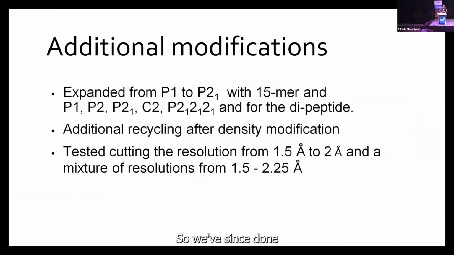We've since done some additional modifications. Instead of only considering P1, we've also expanded to P21, with the 15-mer structure. And just for testing purposes, since the dipeptide models are much faster to train, we can use those for exploring ways of tuning the model.